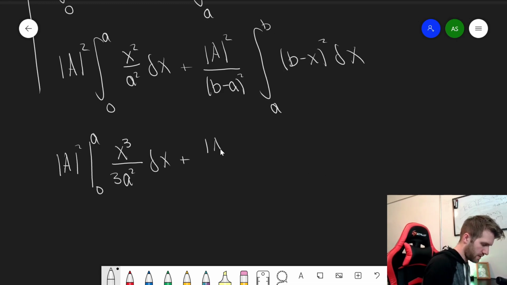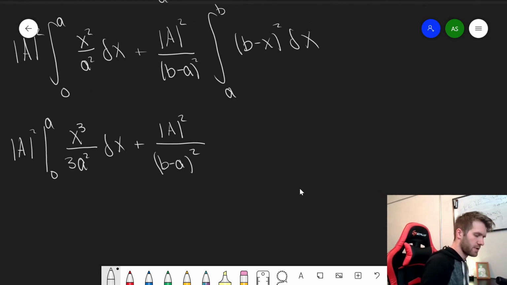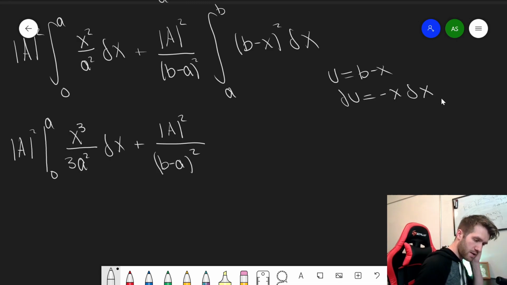And on the outside here, we have a squared over b minus a squared. Alright, so before we take this integral, I suggest we just do a little bit of u substitution, where we have u equals b minus x, and du is equal to negative 1, sorry, negative dx then.